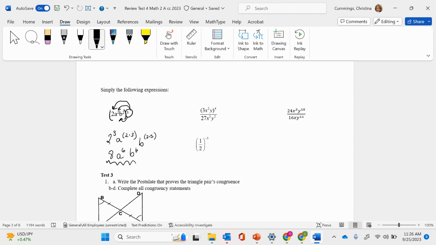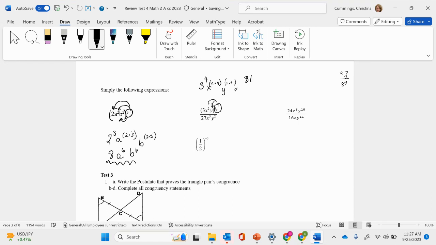Okay. This next one, get that exponent and distribute it. So it's 3 to the fourth, x squared, 2 times 4, y 1 times 4. That's me distributing the 4 across. So this is 3 times 3 is 9, times 3 is 27, 27 times 3 is 81.